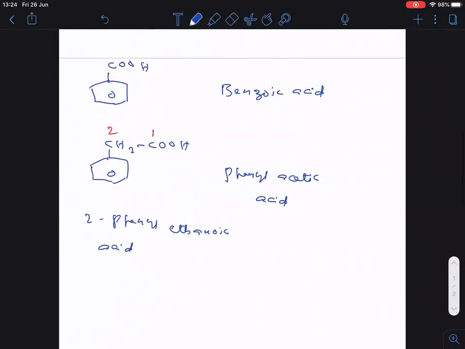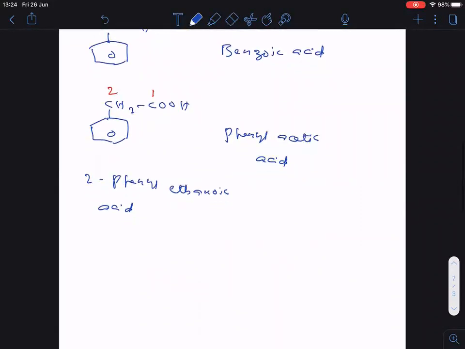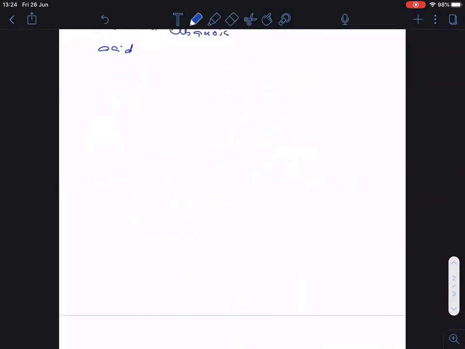We discussed the nomenclature part in 11th class also. There is nothing special in this one. But 1-2 important things I want to discuss in the nomenclature. For example, let me take this compound. Now tell me, what is its IUPAC name?